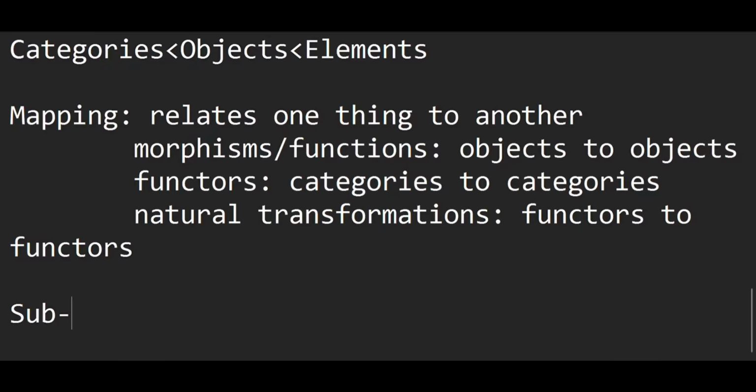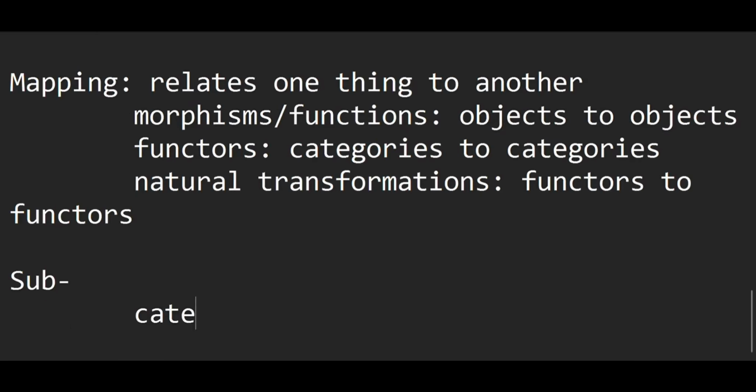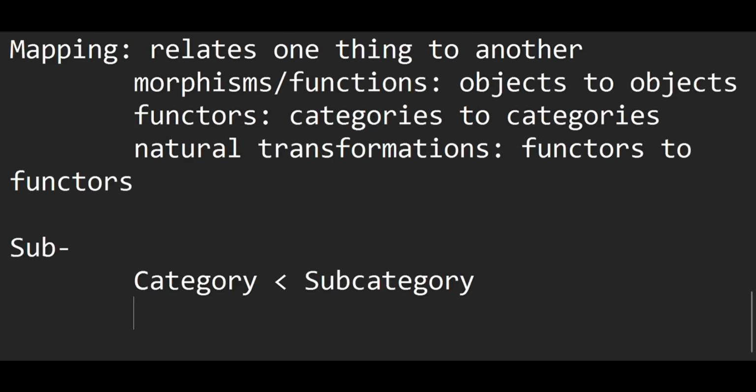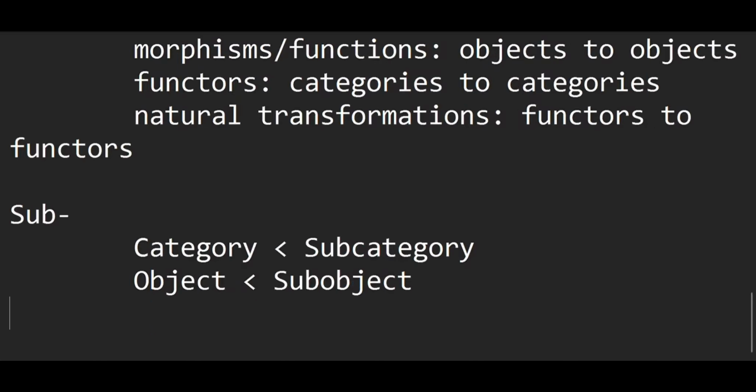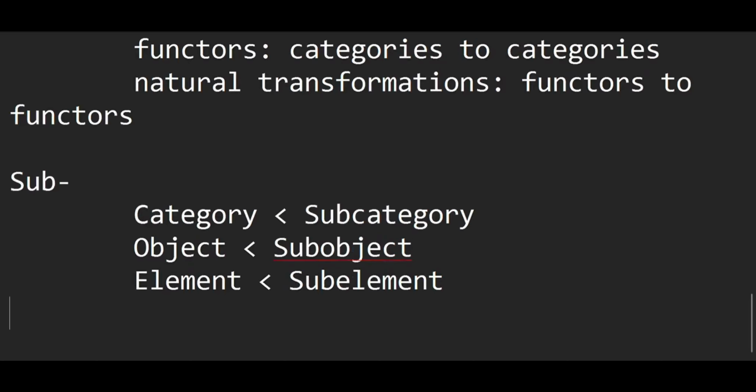So, for example, a category can house a subcategory. An object can house a sub-object. An element can house a sub-element if you put your imagination to it. And if you're really imaginative, a mapping, maybe it could house a sub-mapping.